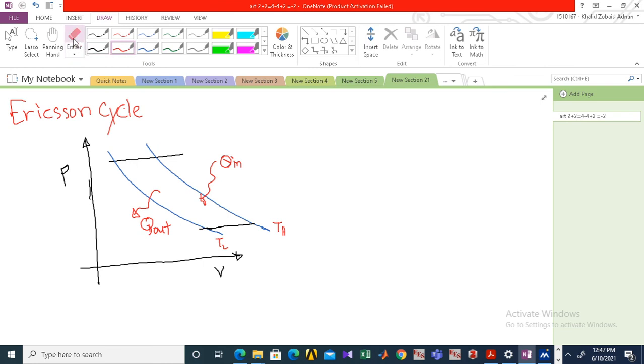Then from 1 to 2 there is an isothermal process, 2 to 3 an isobaric process, where the pressure will be the same from 2 to 3, and then 3 to 4 again isothermal heat rejection, 4 to 1 and 1 to 2.